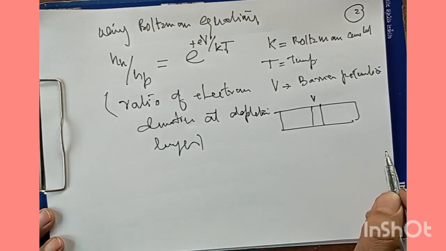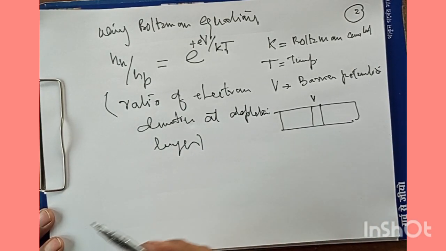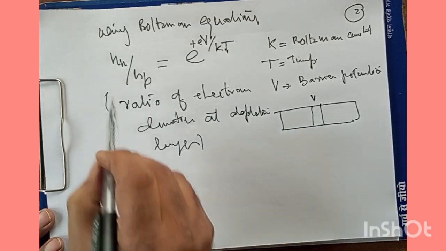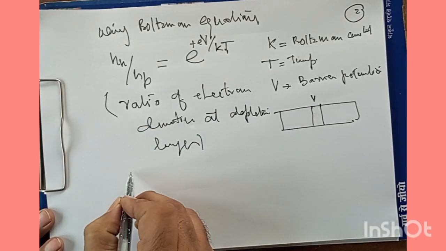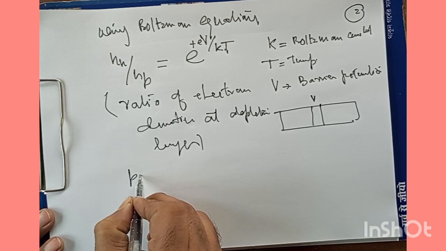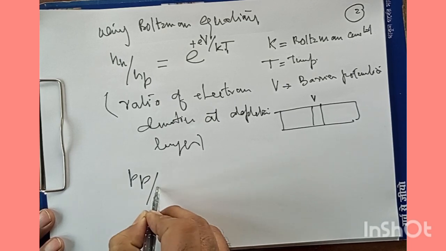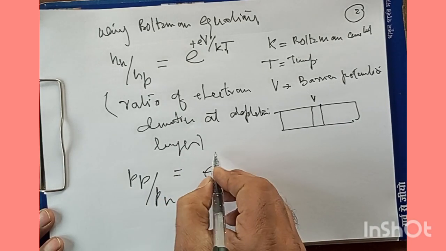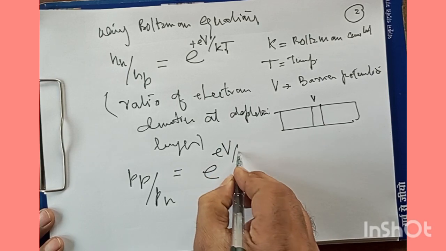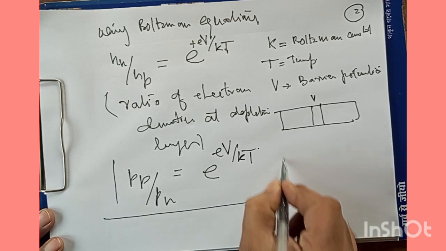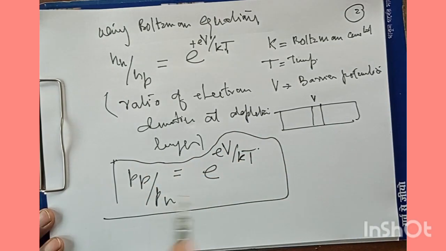Now, similarly, we can have this Boltzmann equation in terms of holes. So p of p by p of n will be equal to e to the power of eV by kBT. We understand the difference here.